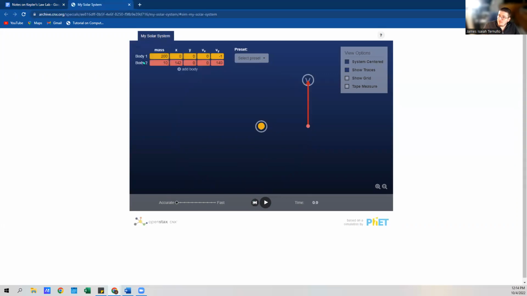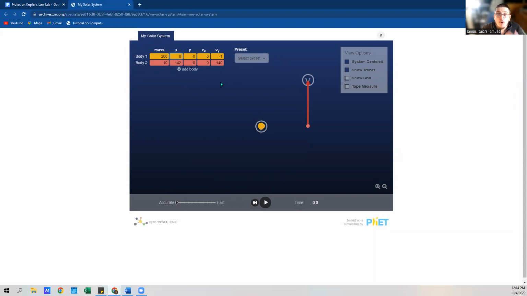More as to how it works. Like I said, these are the different parameters. You can set the mass, you can set the x position of the central body or the orbiting body, being body 2. If you understood how to use this completely, you could do whatever you wanted, and it wouldn't matter what body 1 or body 2 is.